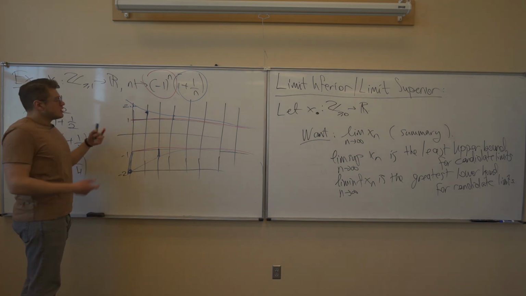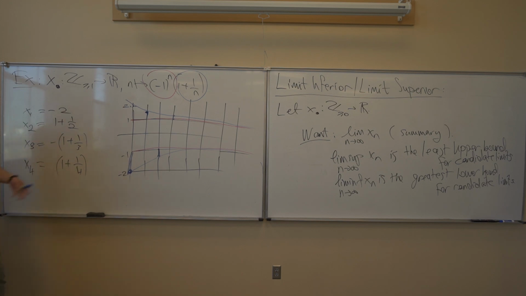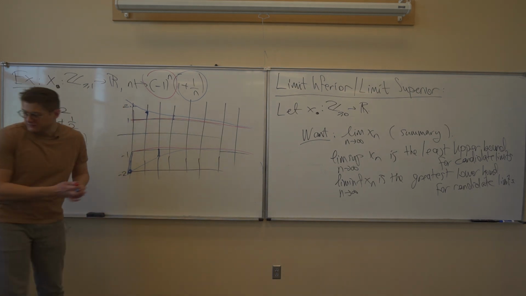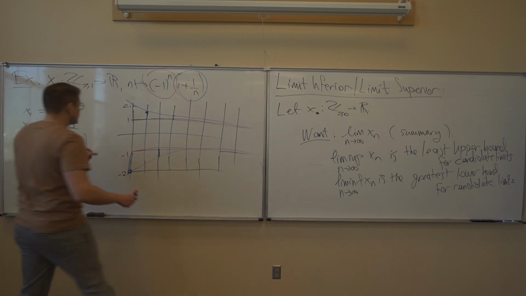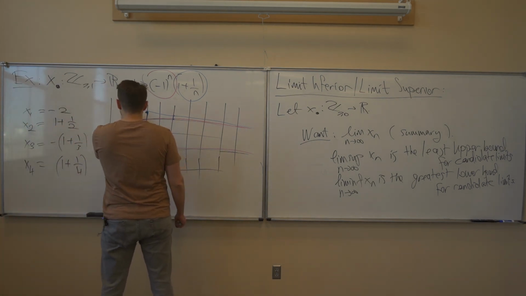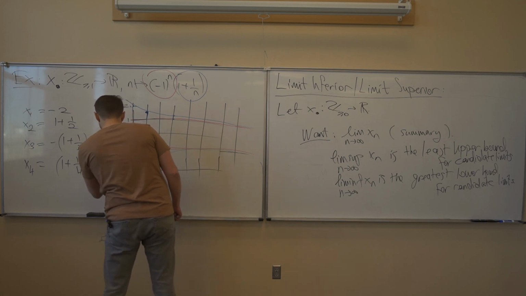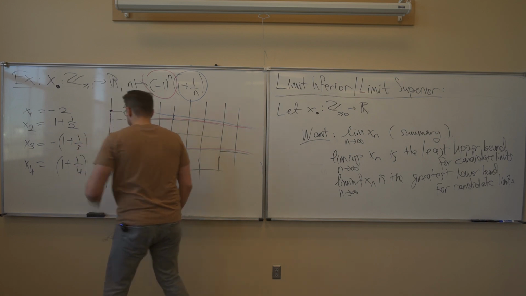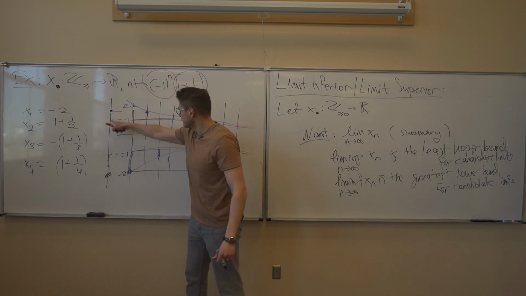Okay. So what is the alternative? The alternative is to look at the tail of this, and in which case you would see something like this. So I have here one point, and then here another point, and then I have a bunch of points. Okay, so this is the tail.